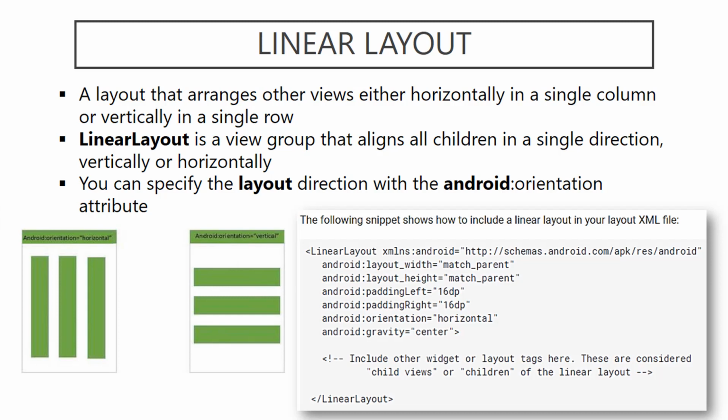But at this point, just take a look at the layout that you have and then the various attributes such as the width of that particular view, the height of that view, padding, orientation, and gravity. Again, these are basic CSS, HTML concepts coming back to you, right? If you've come across those, this should be pretty easy for you. If not, just for now, take a look at the actual structure of your XML. So linear layout, straightforward.